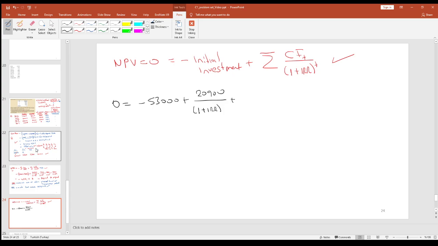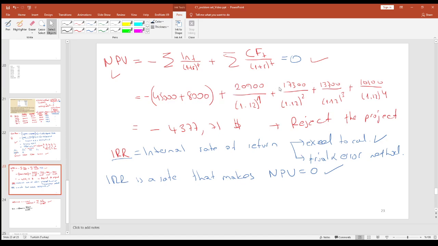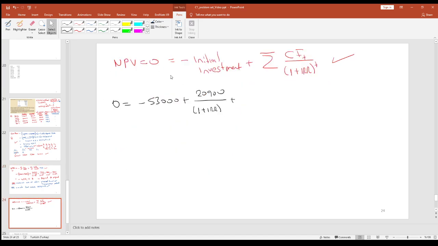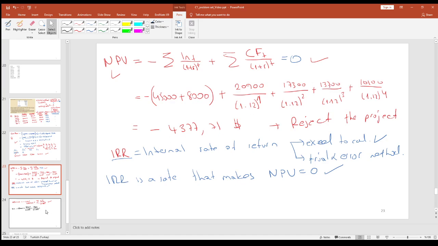plus 17,900 again over 1 plus internal rate of return to the power 2, cash flow for the third year.